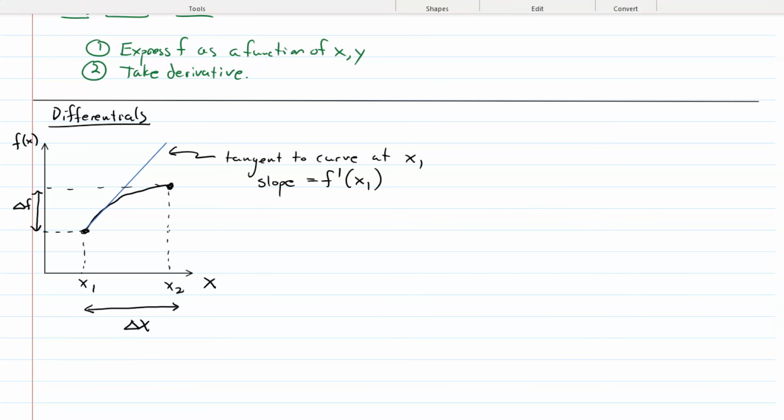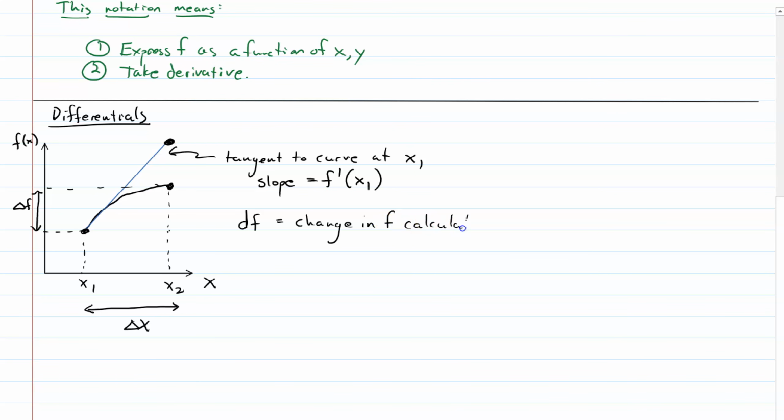So what I'm going to try to illustrate here is what if I use that tangent line to approximate the function f? Now I'm going to use the notation df to mean the change in f calculated from the tangent line.